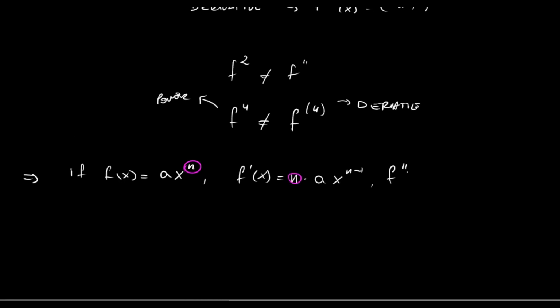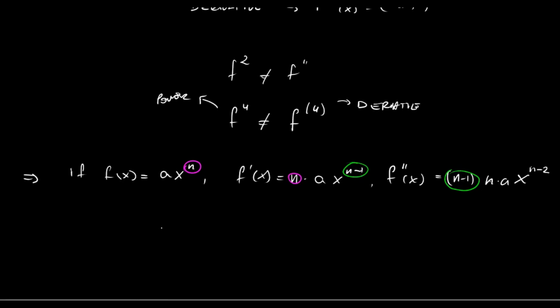Then the second derivative will be just the derivative of this. So we have this exponent n minus 1 times the constant n times a times x to the n minus 1 minus 1, which is n minus 2.